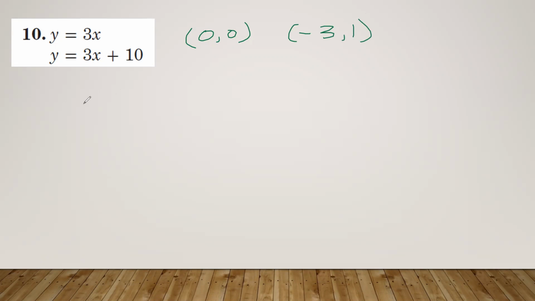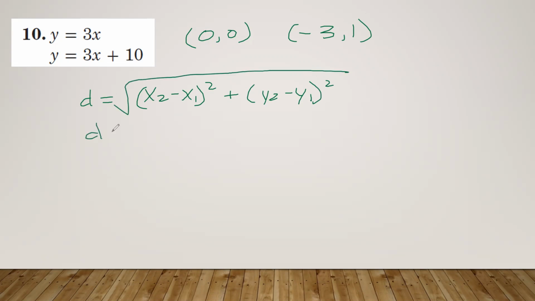And so our distance formula, remember, is distance equals the square root of x2 minus x1 squared plus y2 minus y1 squared. And we're taking the square root of that, okay? So we just plug in our x and y values.